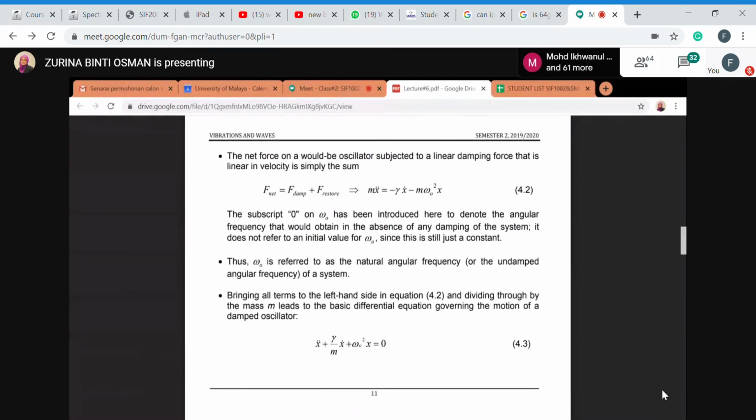This is the equation of motion for damped oscillators. In simple harmonic motion the equation is x double dot equals minus omega squared x, but for the damped oscillator you have the extra term due to the damping force.